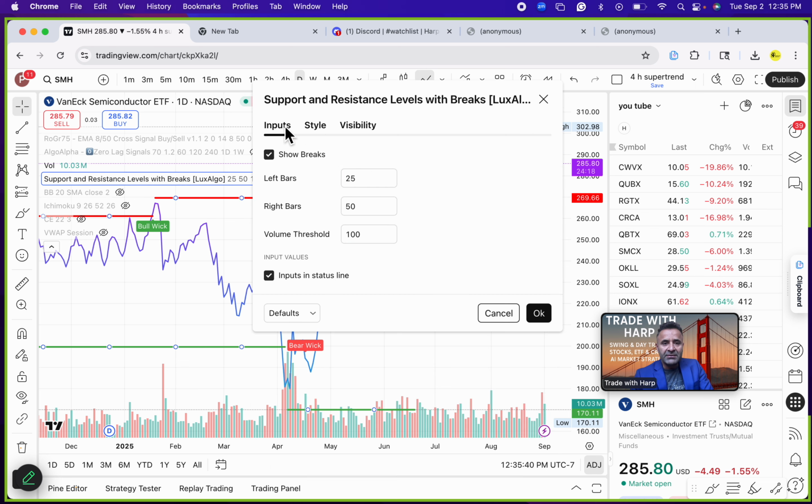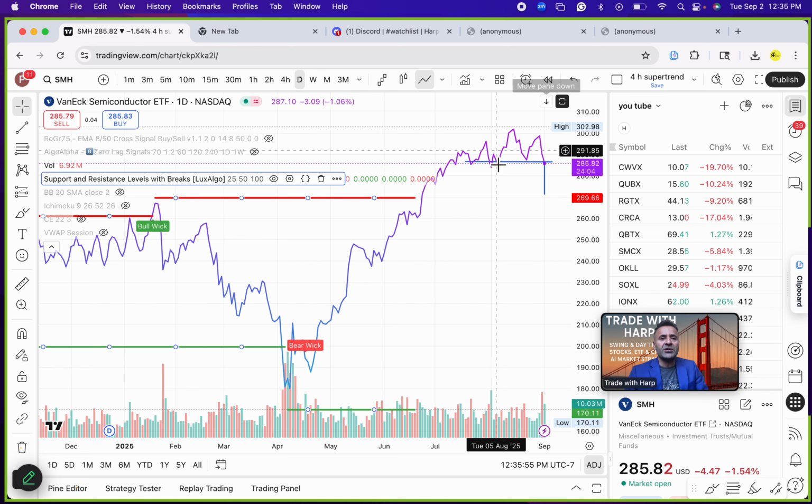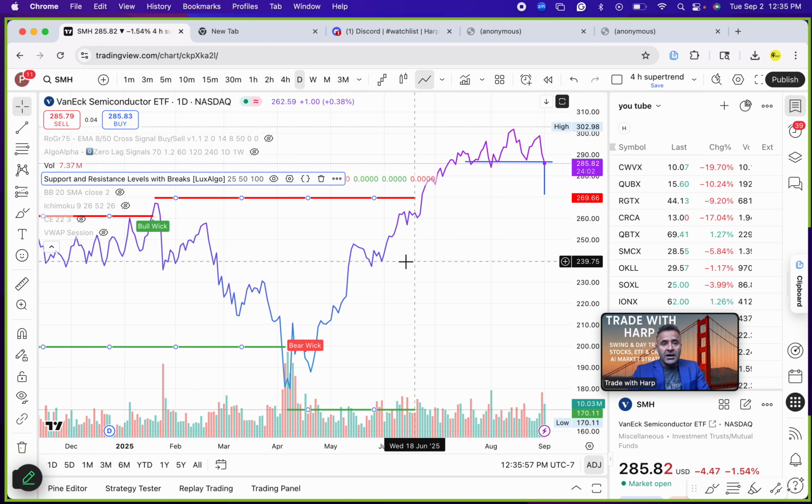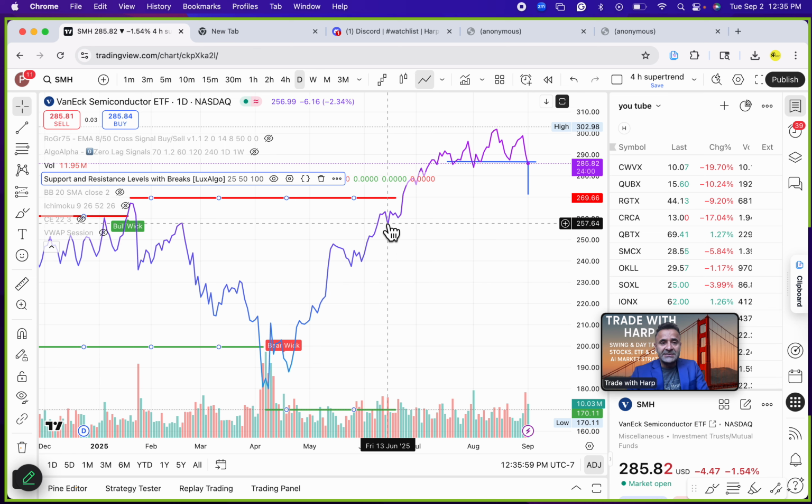My setting is 25, 50, 100, but the default is 15, 25, 50, so you will get more signals. It's okay, you can use that one as well, but I use this one, so less signal.